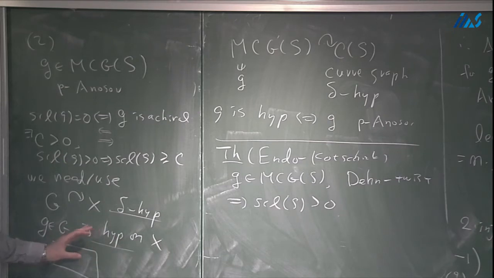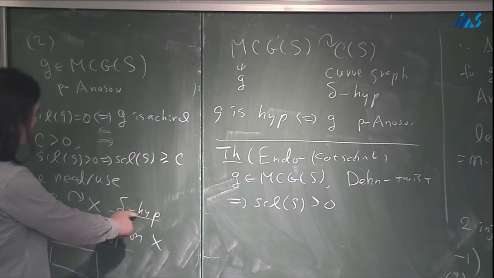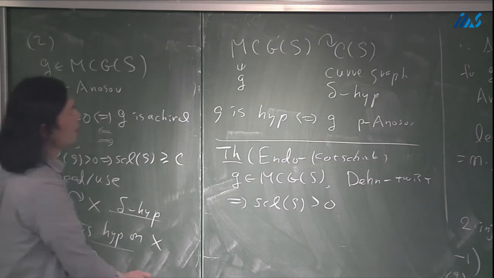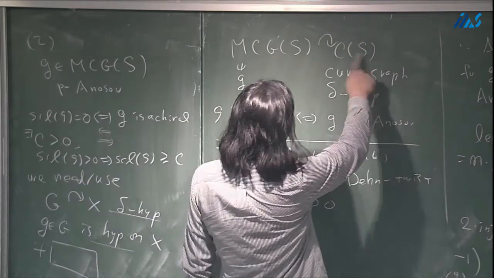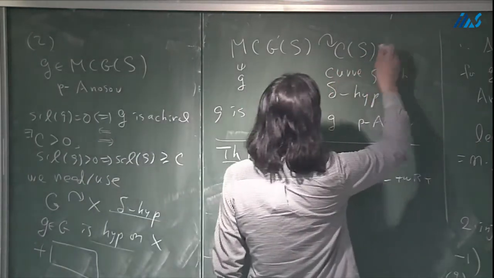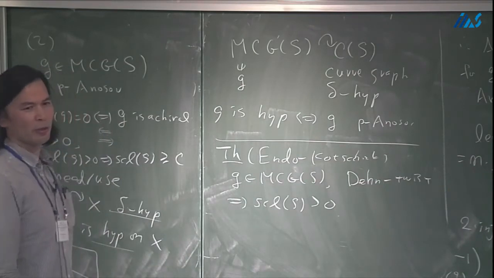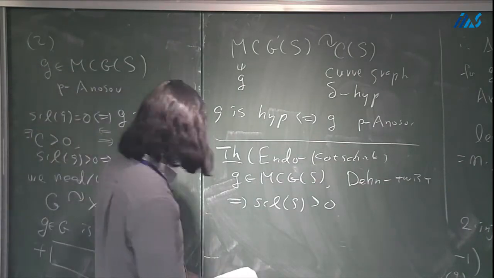No, you need something on the action. But I didn't say the whole action is proper. It can be less than that, because this action is not proper. It's just WPD or acylindrical or whatever. Okay. Yeah. So we need some.